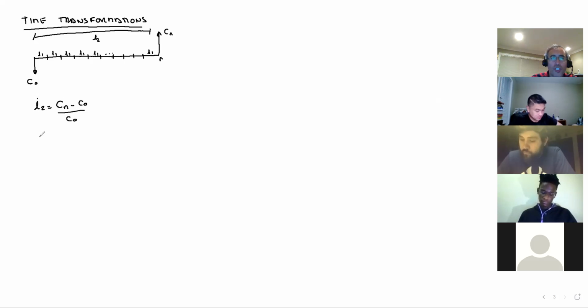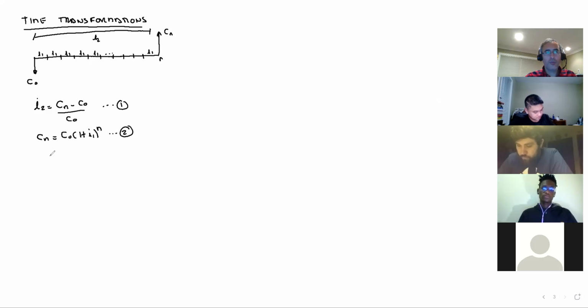Now, how do I compute Cn using I1s, using these small periods? It's going to be C0 times (1 plus I1) to the power n, correct? Okay, so this is 1, this is 2.